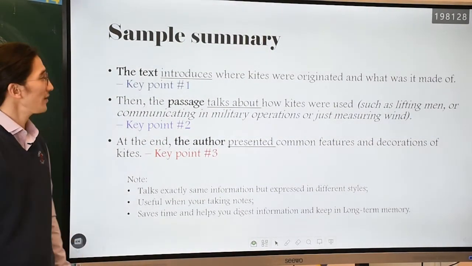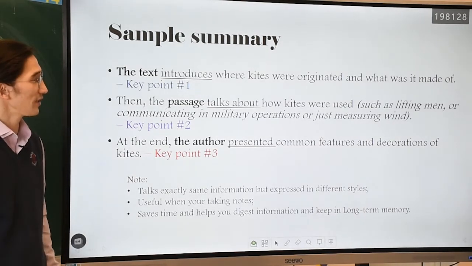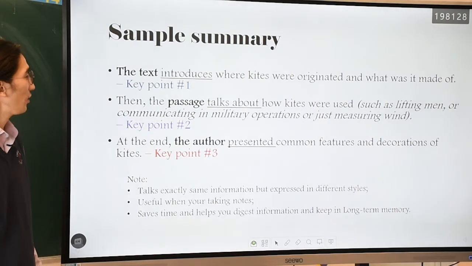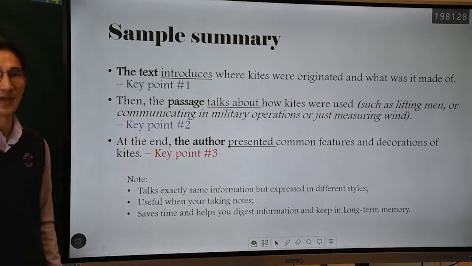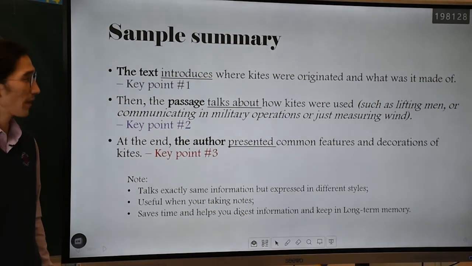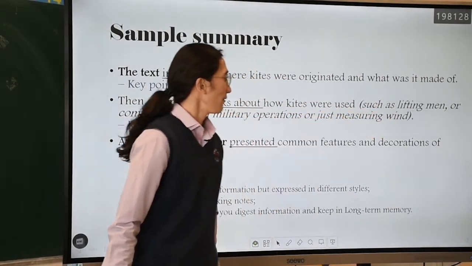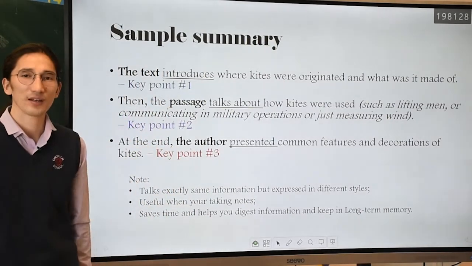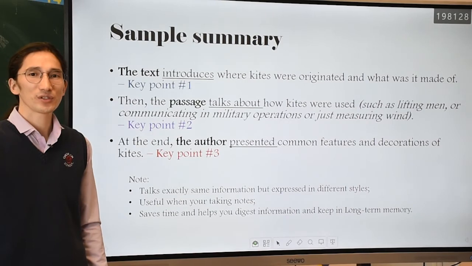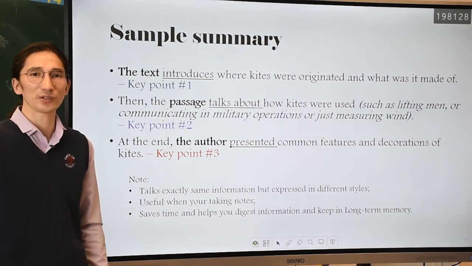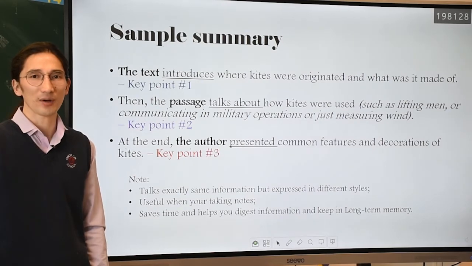Then the passage talks about how kites were used, such as lifting men, communicating in military operations, or just measuring the wind. As you can see, the information written in the brackets seems to be details, right? So you can exclude them. You can keep them out of your summary.